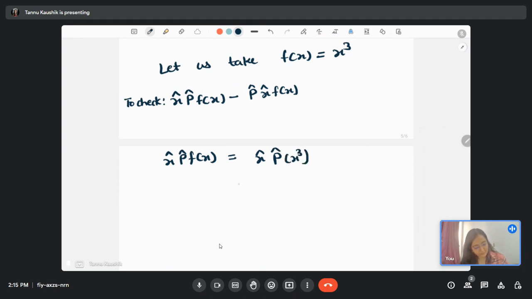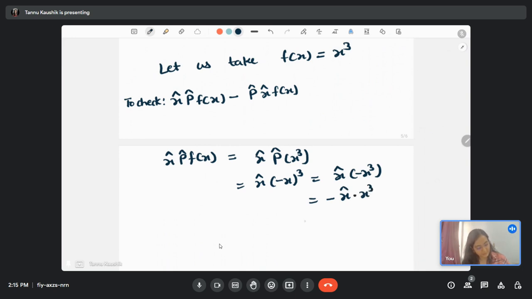So for x P, firstly this parity operator will operate on f(x), that is x cube. For the parity operator we will substitute x with minus x.